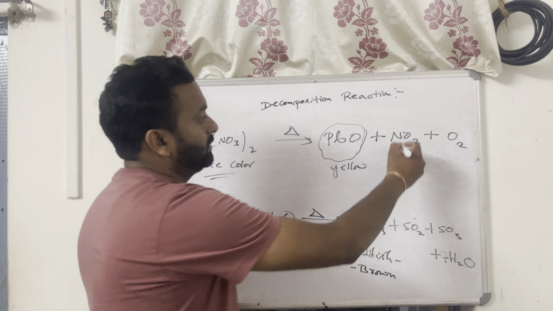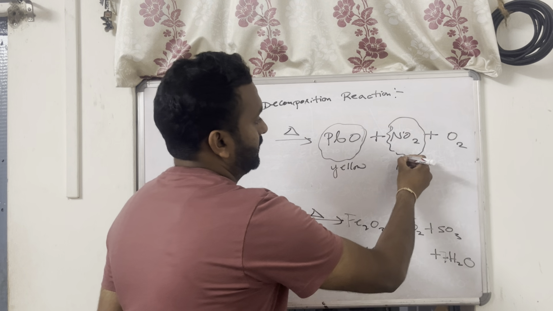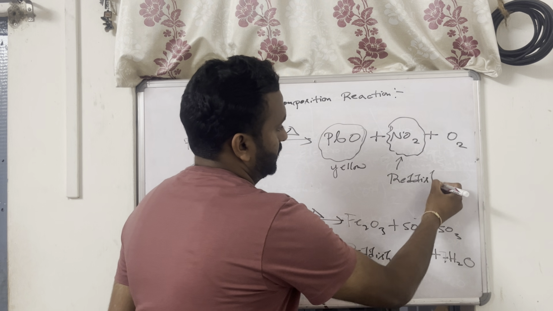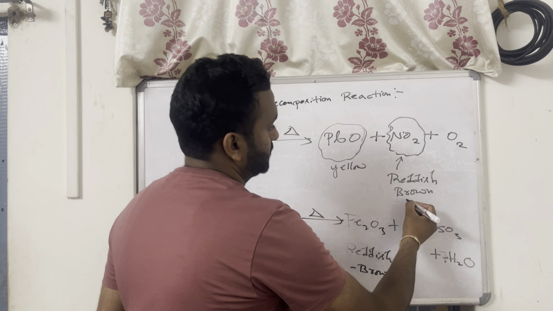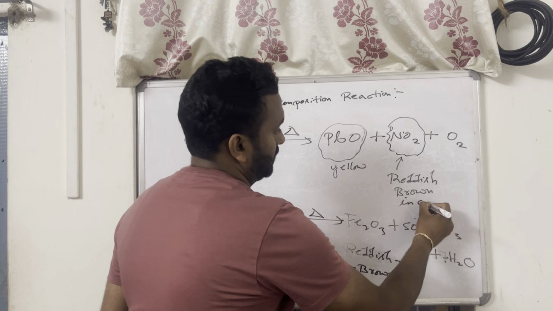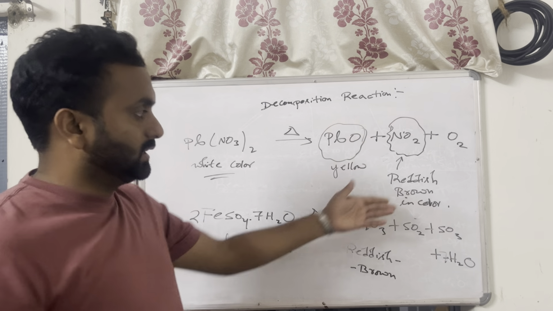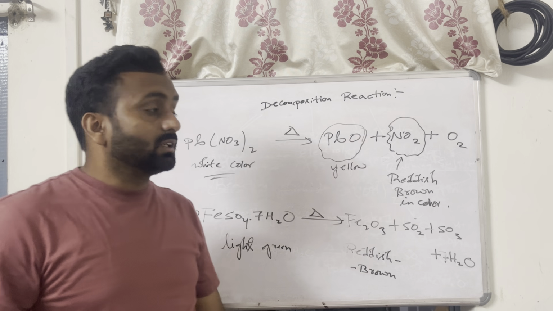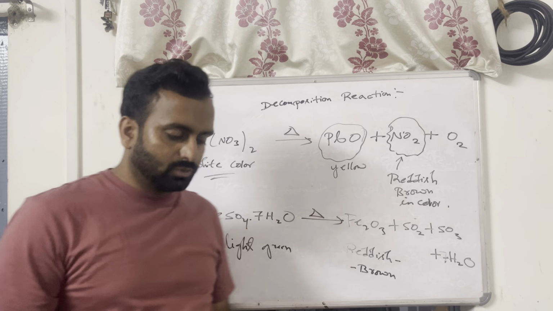And when the gas was evolving, it was reddish brown in color. That is because of the evolution of nitrogen dioxide. And oxygen also got evolved.